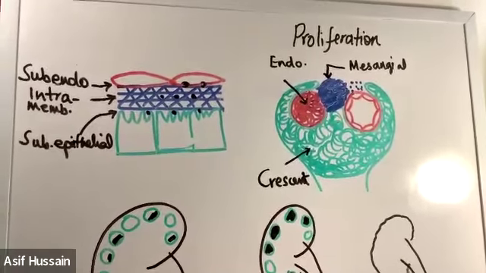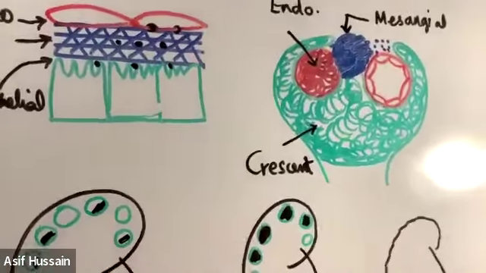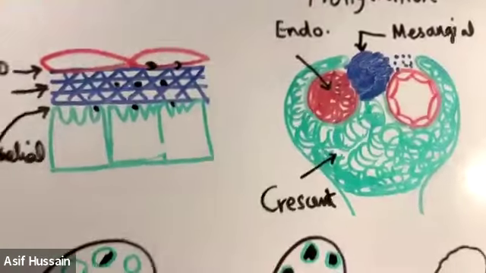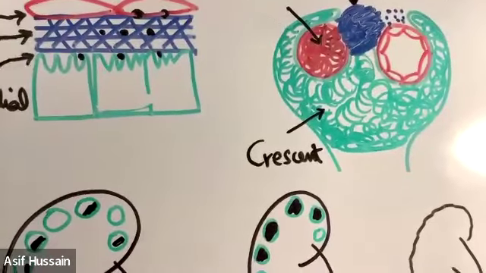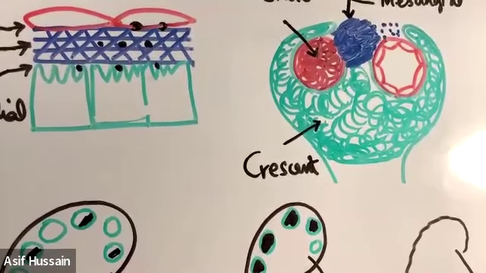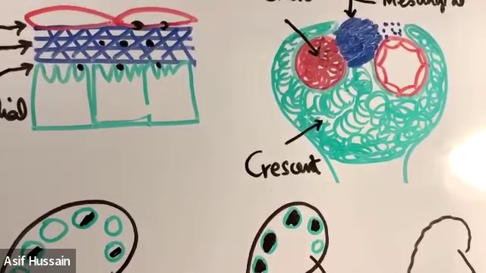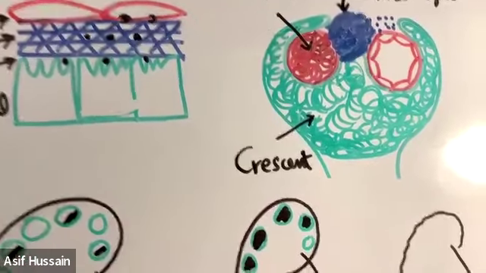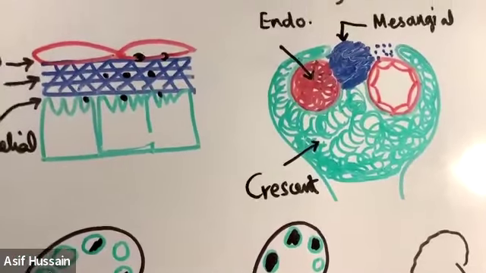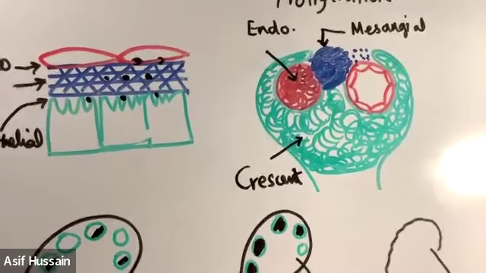Okay, right? Now coming to the crescent formations, crescents are basically a proliferation of the Bowman cells, and when they proliferate, they will fill up the whole Bowman cup, and the whole glomerulus will be physically obliterated. This is how the patient goes into acute renal failure and goes into dialysis dependent disease.